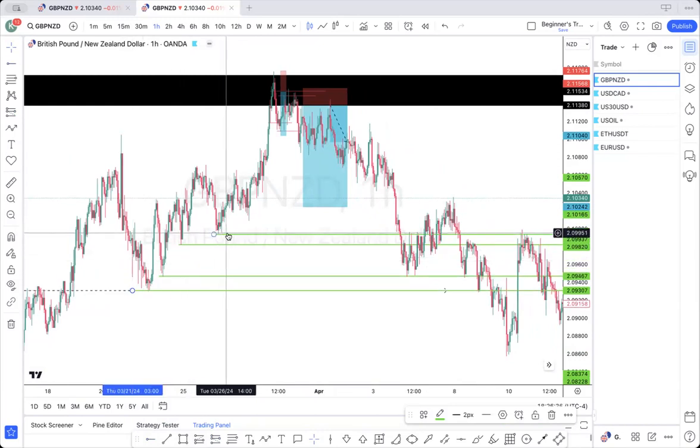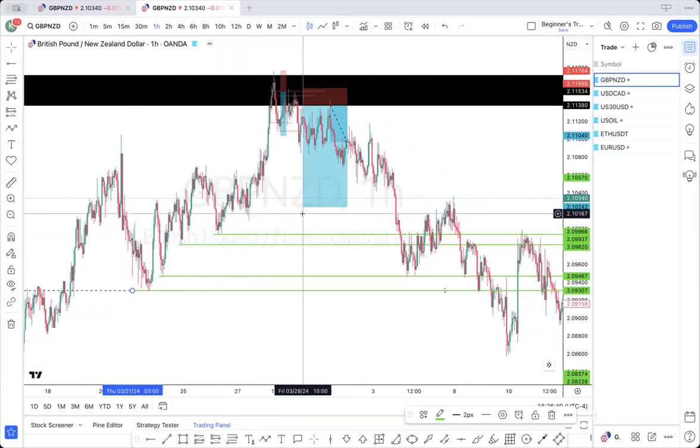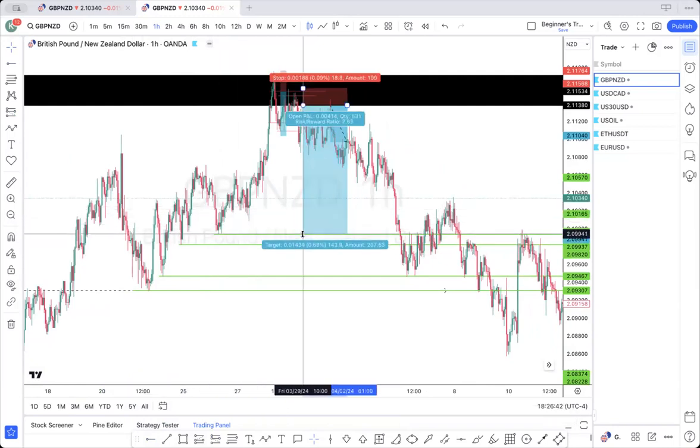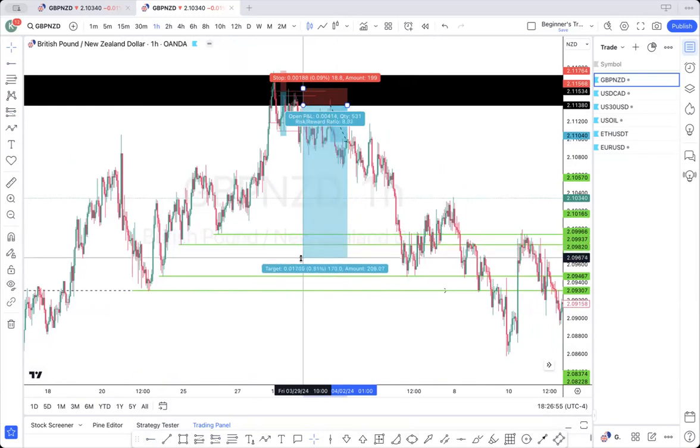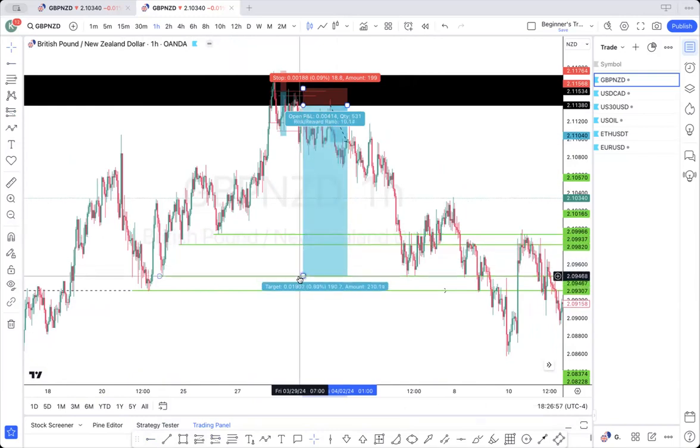So these lows that you're targeting, this can be a TP1, and you can start taking some profit. You can then set TP2 to take some profit. Then you can target TP3 to take profit.